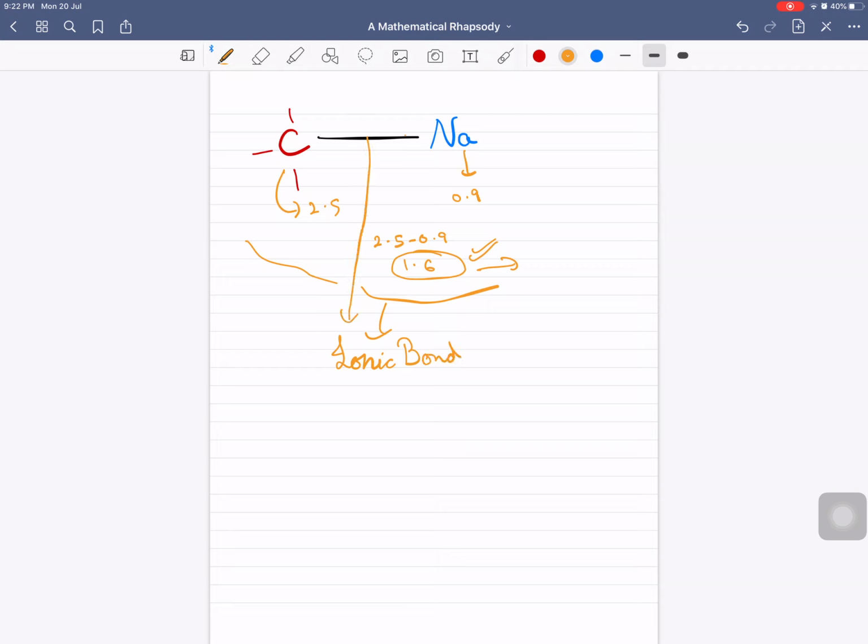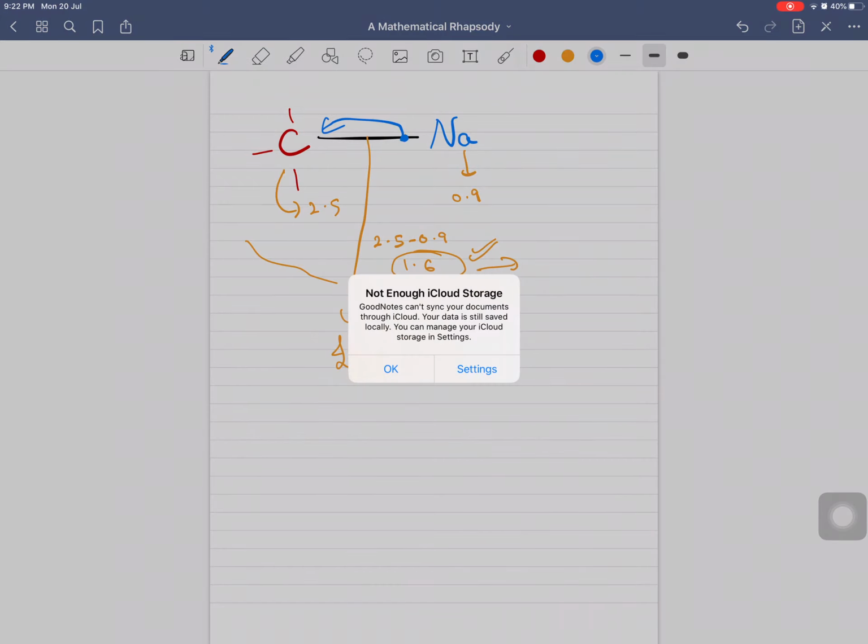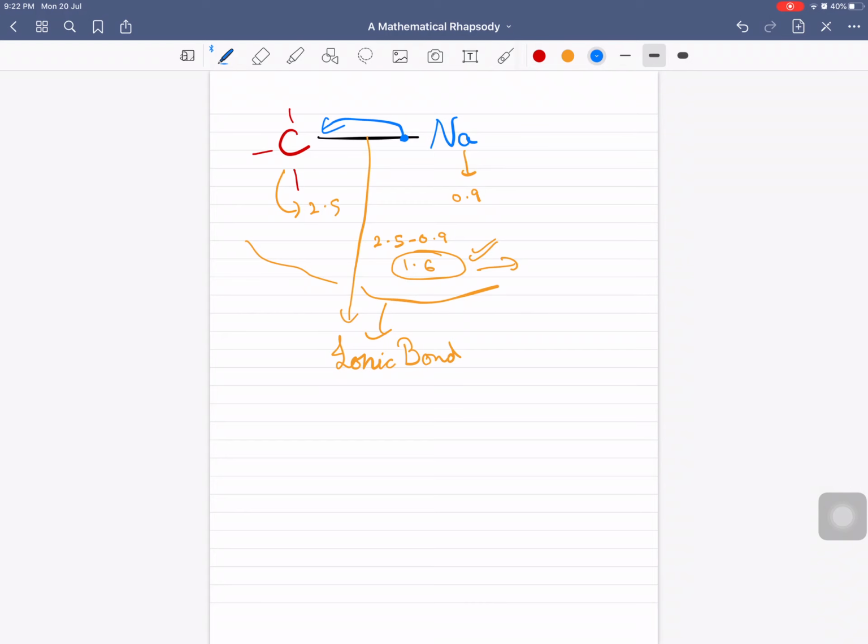The electron, let's say in blue, is completely given over to carbon, since carbon has such a high electronegativity compared to sodium that it completely steals the electron. It doesn't even want to share.